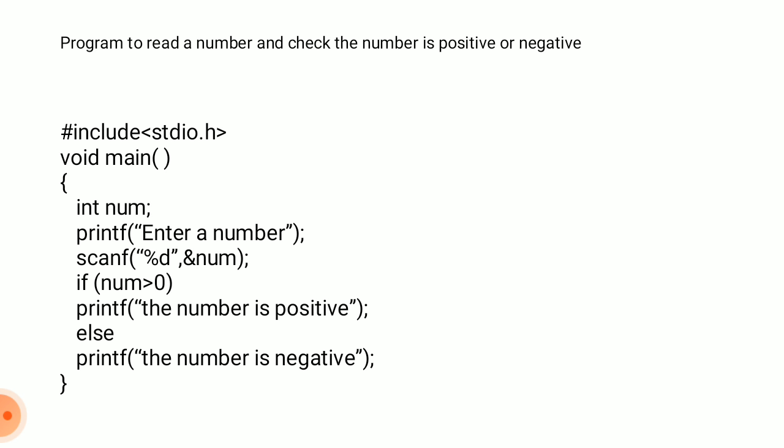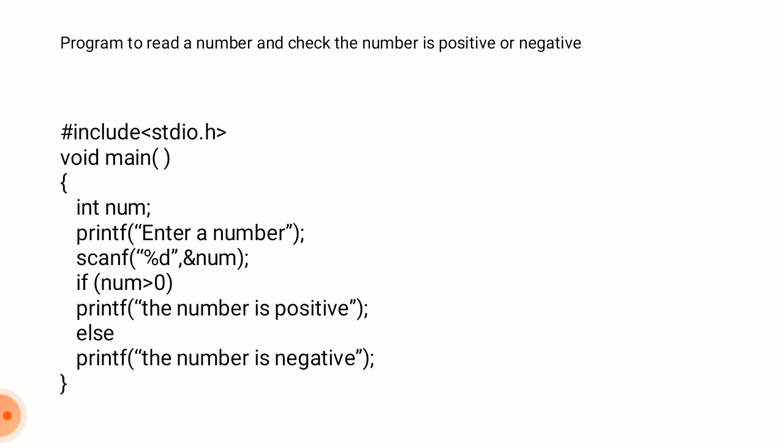Now, as homework, write one program: read your age and print whether you are eligible for voting or not. Depending on the age you read, print "you are eligible for voting" or "you are not eligible for voting".